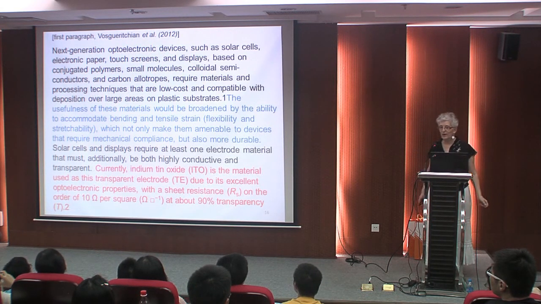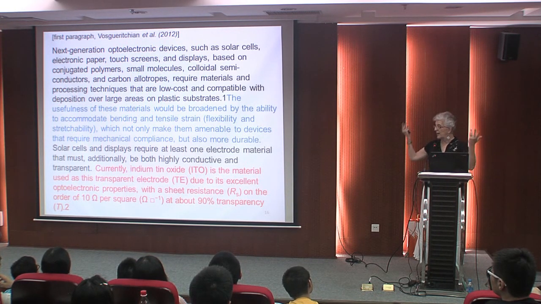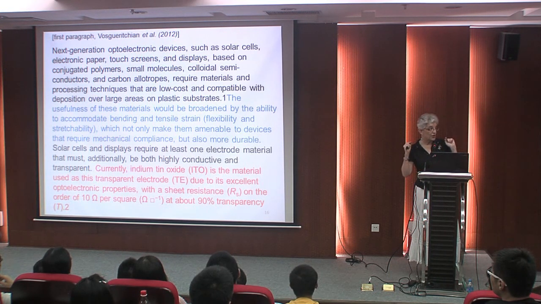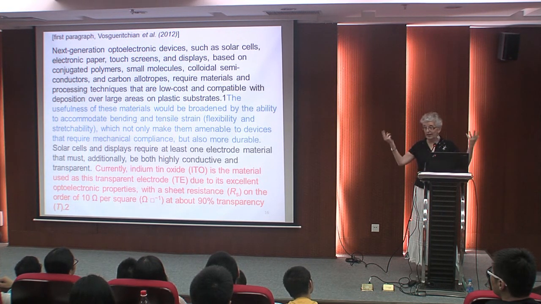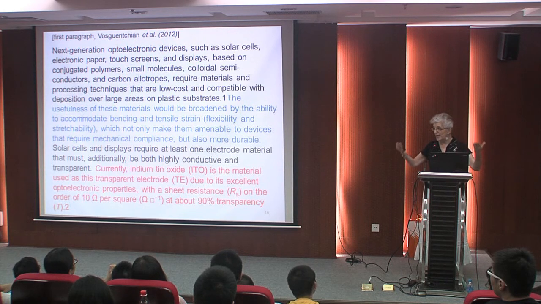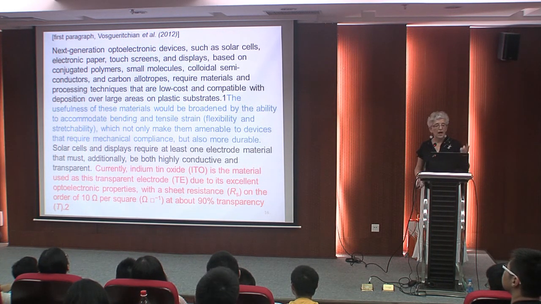Here's the first paragraph. Remember, black is stage 1, context, claiming importance. Blue is stage 3, gap, need for extension. Red is stage 2, work already done by other researchers. Okay, let's have a look.